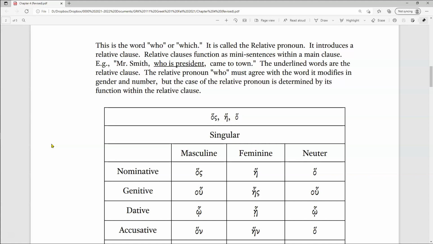Okay, what is the word hos, he, ho in Greek? Right, so it's the relative pronoun. A relative pronoun is who or which in English.